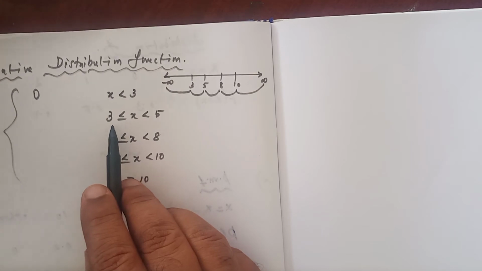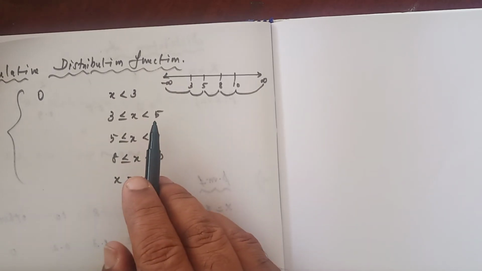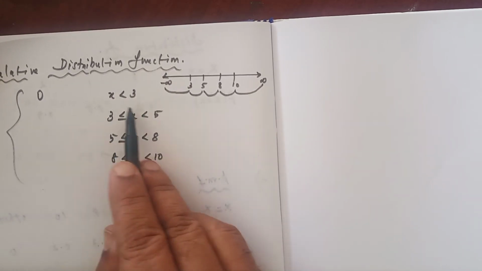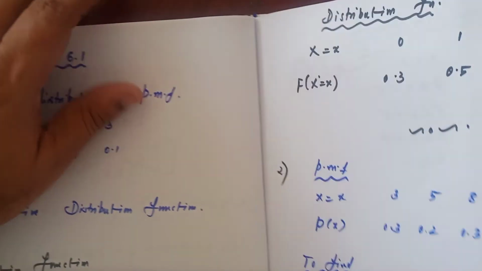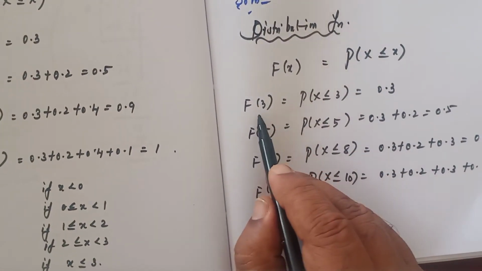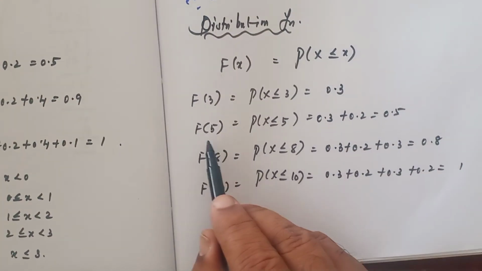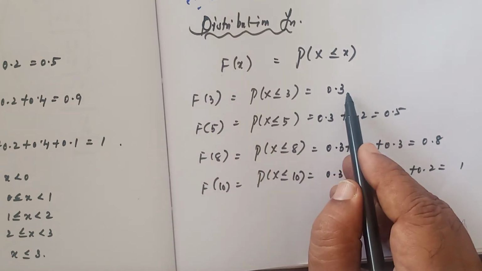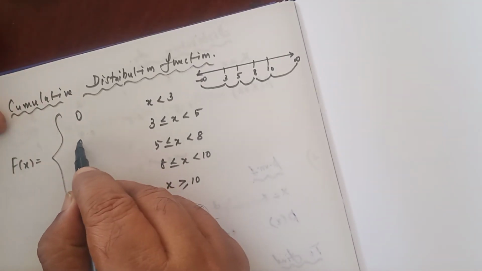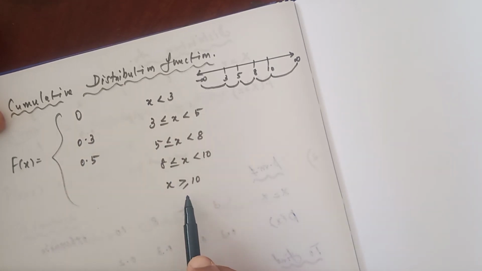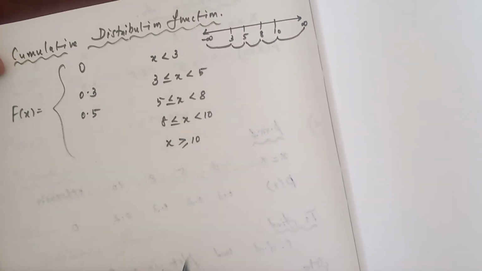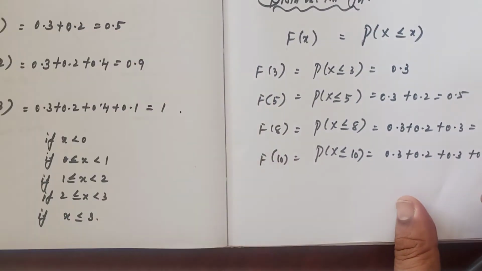Here, 3 to 5, but equal to 3; only equal to 3 we have to consider, not 5. For equal to 3, what's the value? 0.3. For equal to 5, 0.5. For exactly equal to 8, what's the value? 0.8.